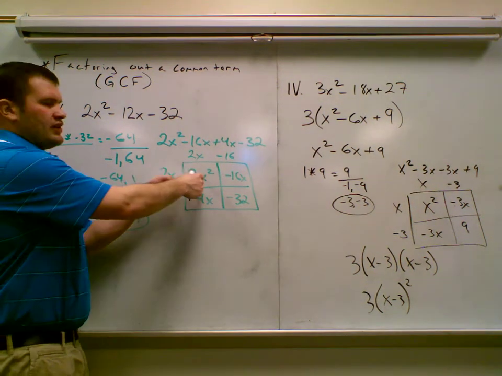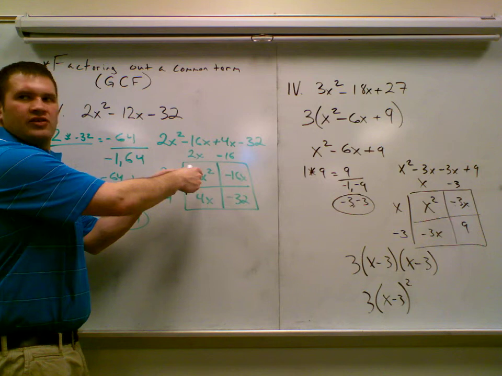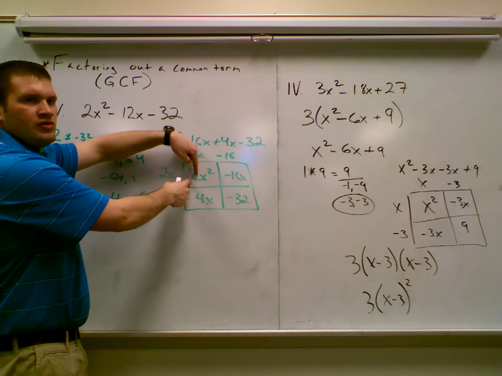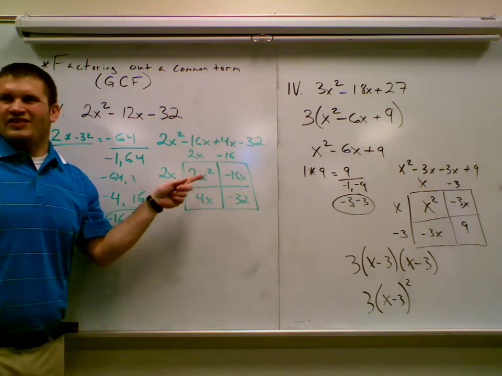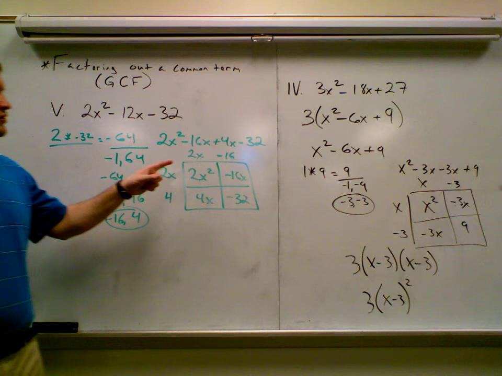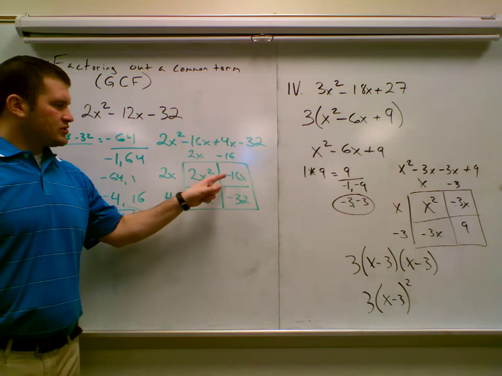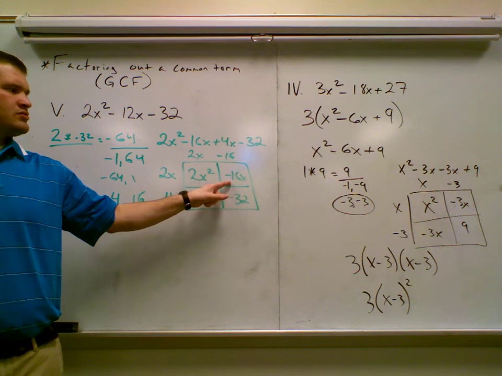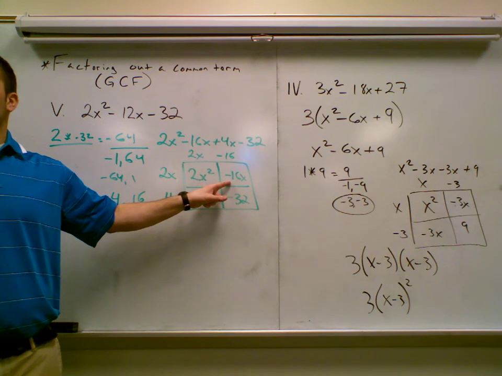Where the columns overlap, we should get the product of those two, right? 2x times 2x, what does that equal? Is that right? No. 2x times negative 16x. Is that right?